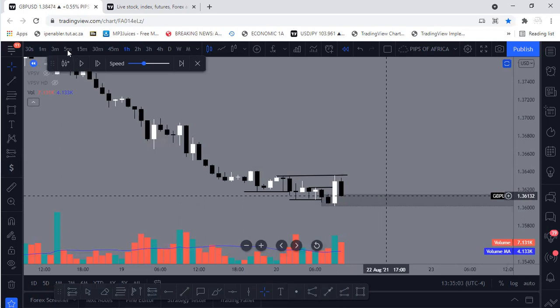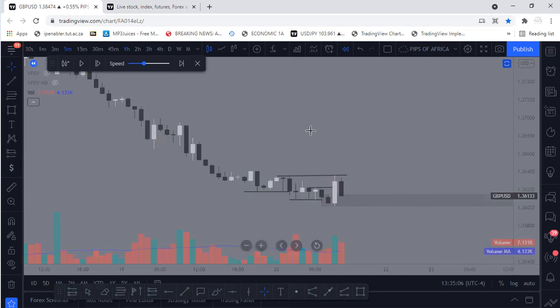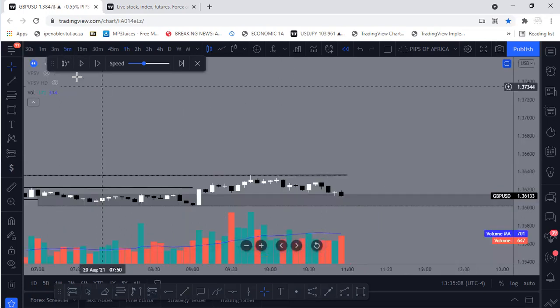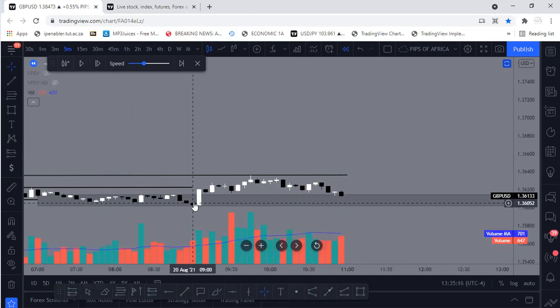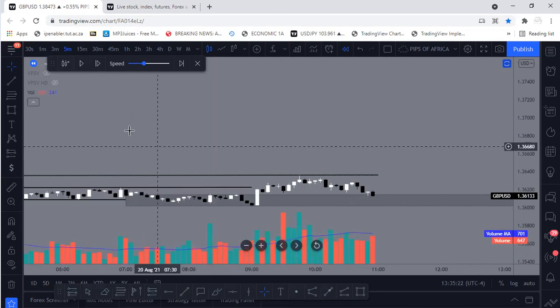Let me go down to the 5 minute time frame. You see, even on the 5 minute time frame, we have this one here, the sell to buy. Okay.